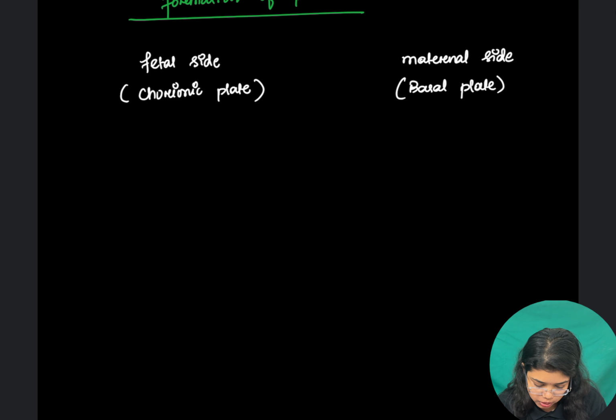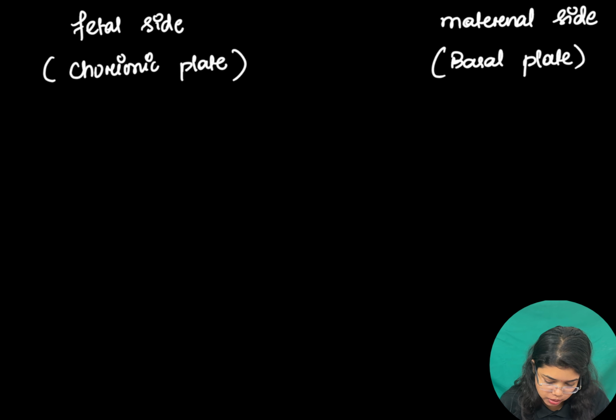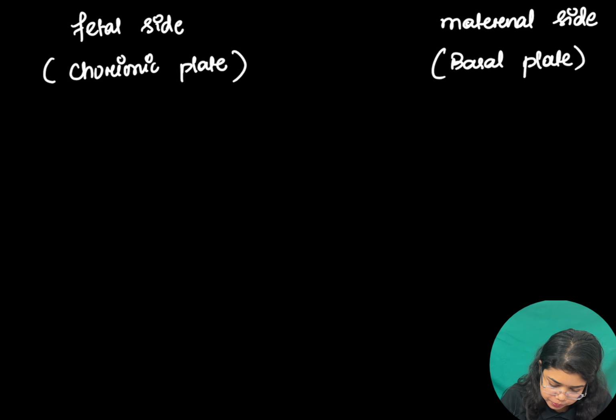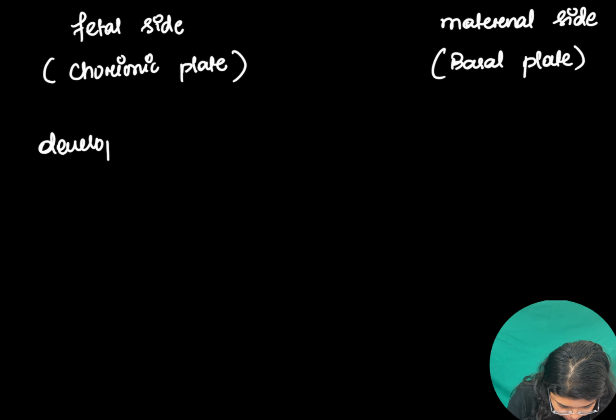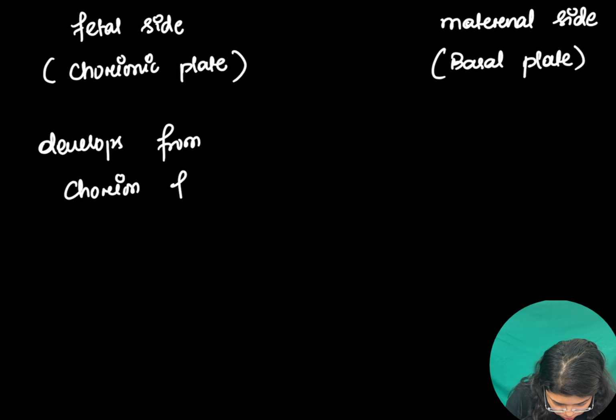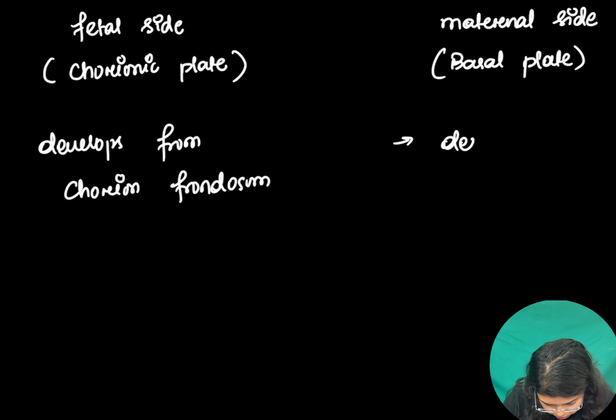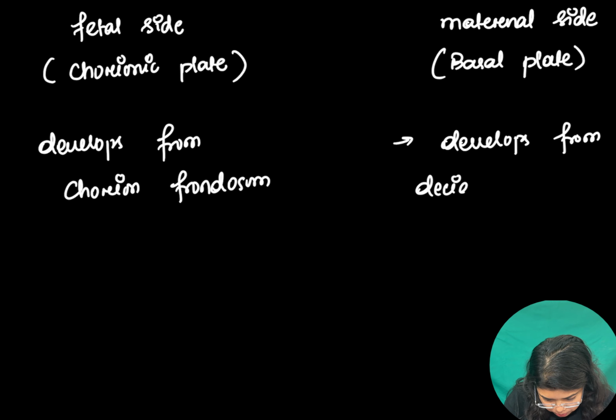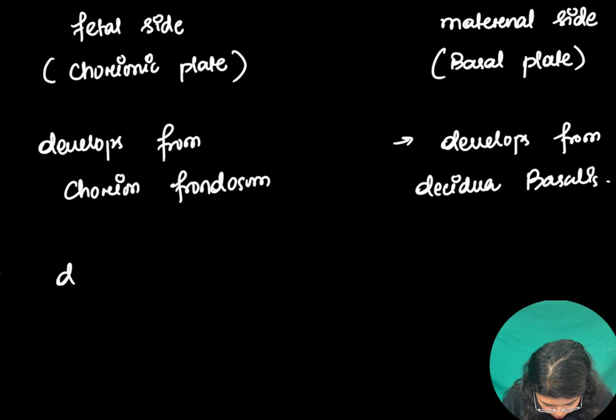See how it is formed, I will tell you, from the fetal side and the maternal side. On the fetal side it develops from the chorion frondosum, and on the maternal side it develops from the decidua basalis.